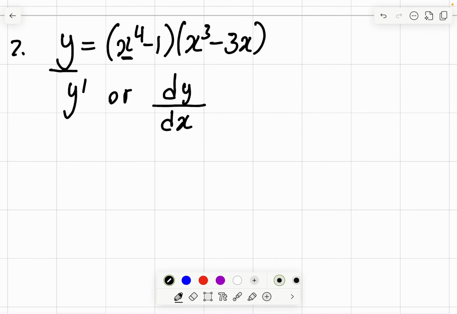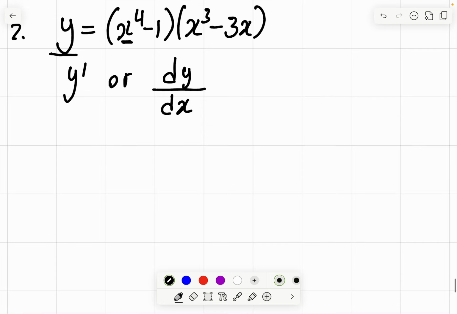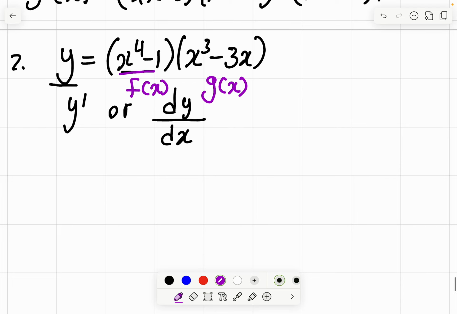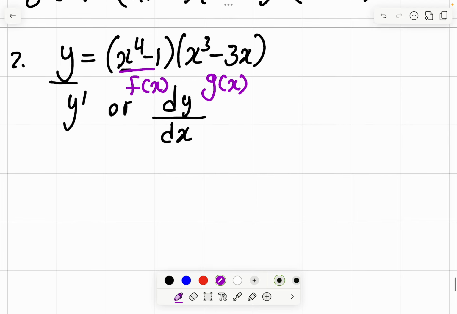Dy over dx is the same as the derivative. So for this function, you can name it f of x, and this one you can name it g of x. It means you have to find f prime of x, and then you have to find g prime of x. I hope now you get the procedure.